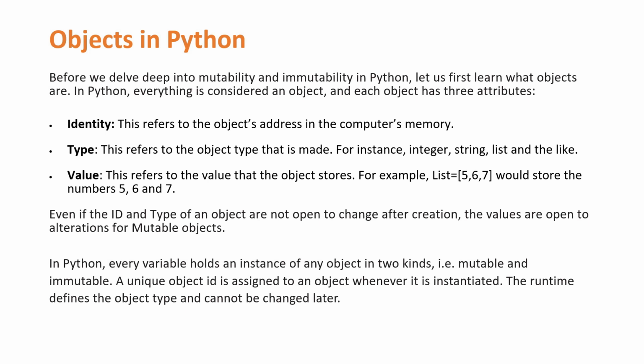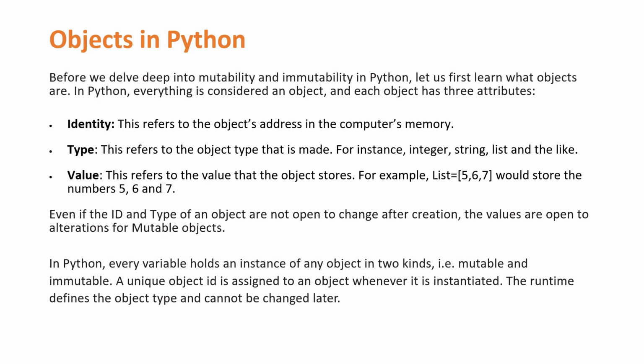So we have to understand a few things. An object has three attributes: identity, type and value. Identity means whenever an object is allocated in memory, an address is created for it, and it is given a unique ID. This is called identity.